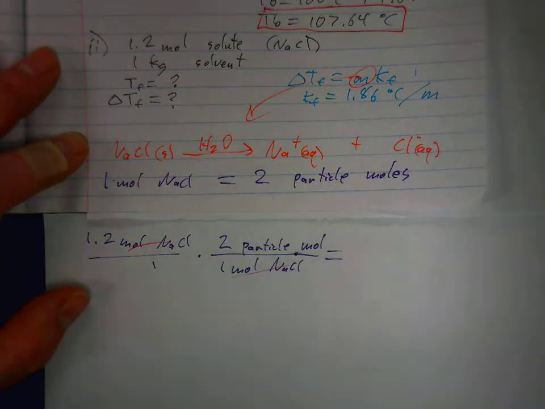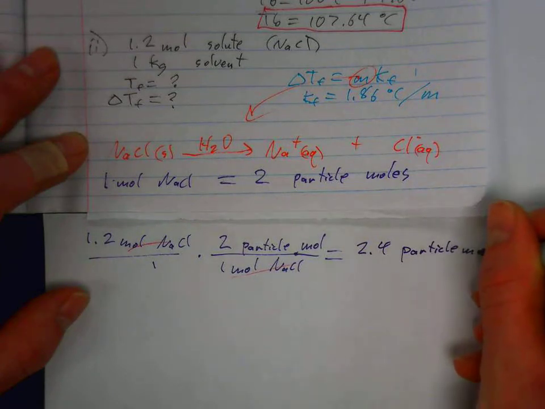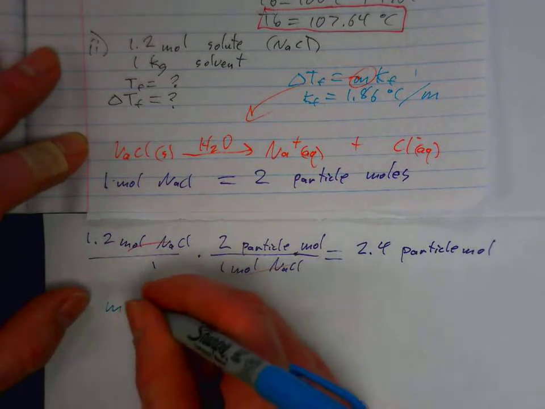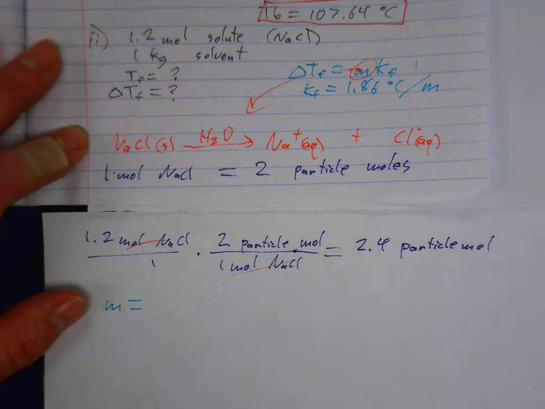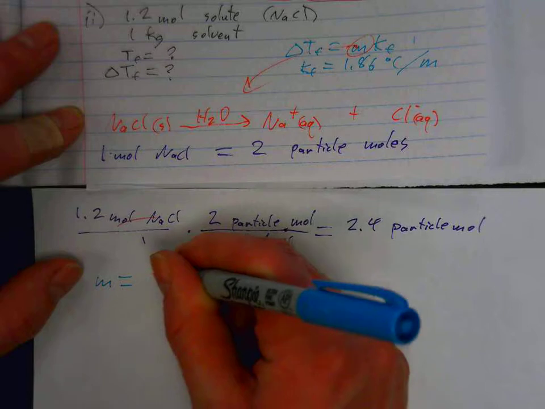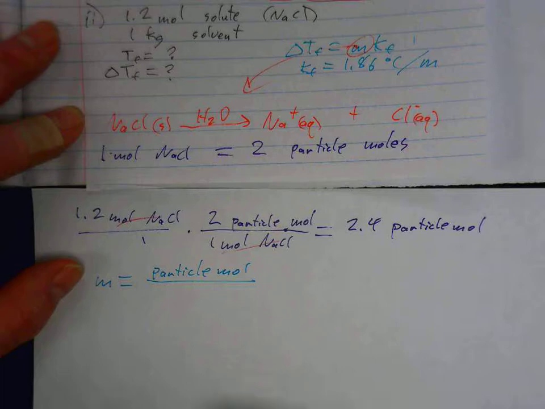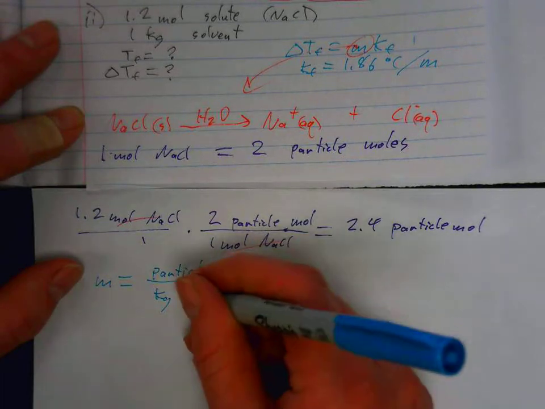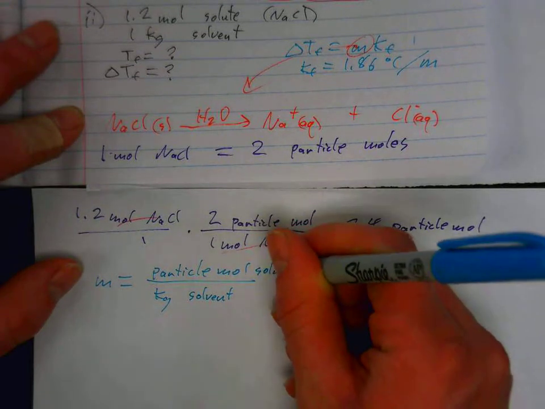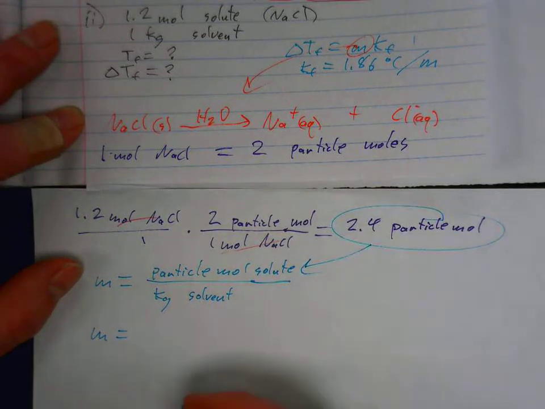Now we can plug this into the molality equation. Molality is the number of particle moles divided by the kilograms of the solvent, and this is of the solutes. Particle moles we found right here to be 2.4 divided by the kilograms of the solvent, which the problem said is 1 kilogram.